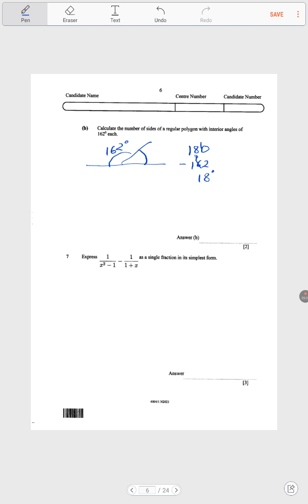So the exterior angle is equal to 18, and the sum of exterior angles of any polygon should add up to 360. So for me to find the number of sides, I have to divide 360 by 18. So 18 into 18, that's 1. 18 into 36, that's 2. 18 into 0, that's 0. So here you're going to get your answer is 20 sides.